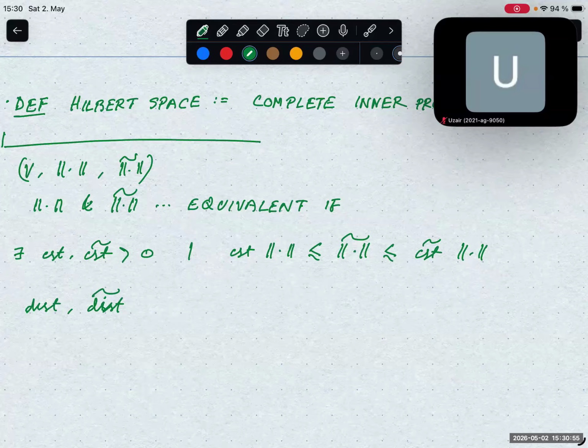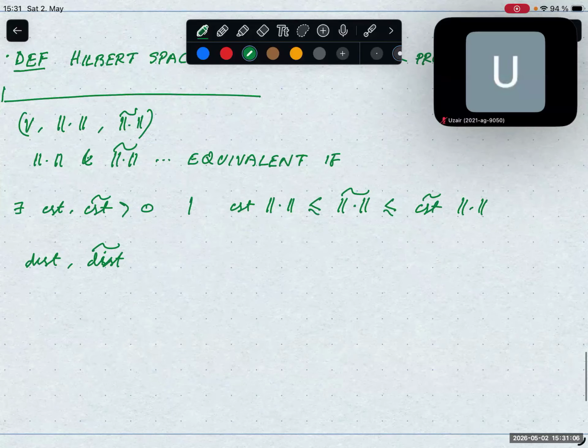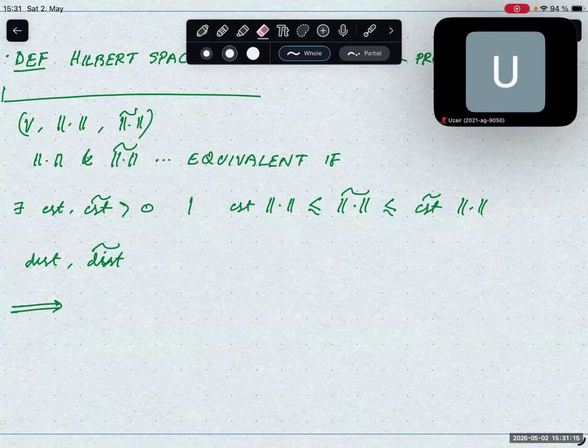When we have a distance, we have a notion of topology, a notion of convergence, and all the nice things. So now the upshot is, maybe I write it as a theorem because it's fundamental.